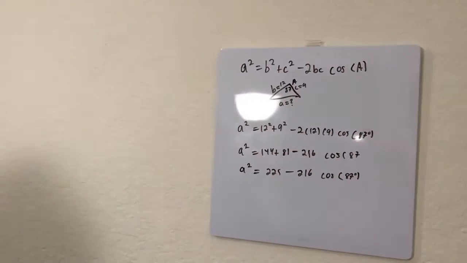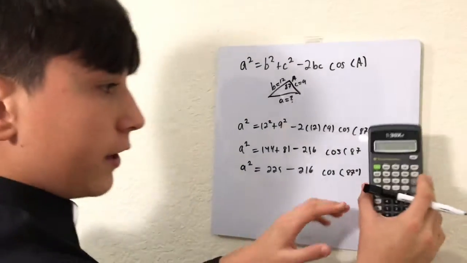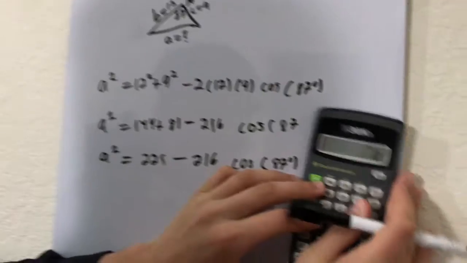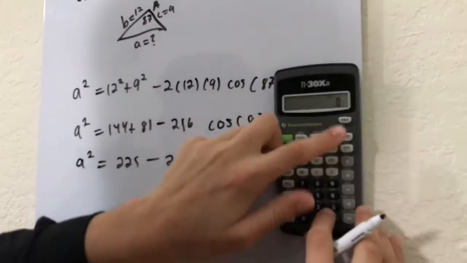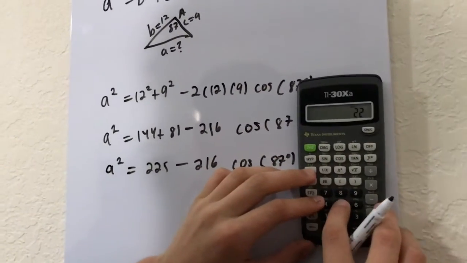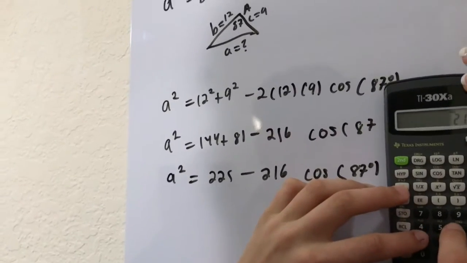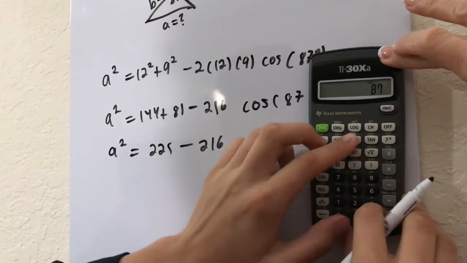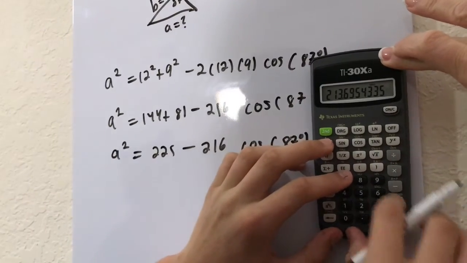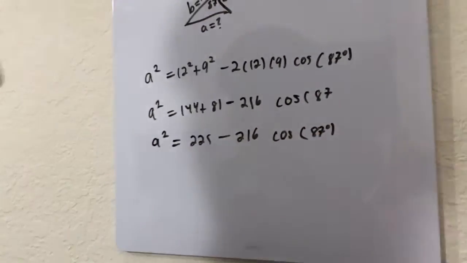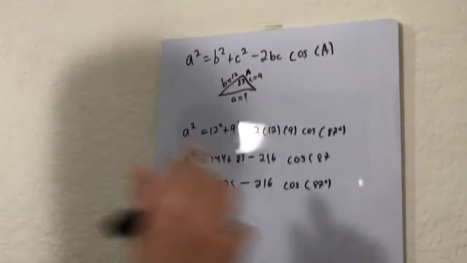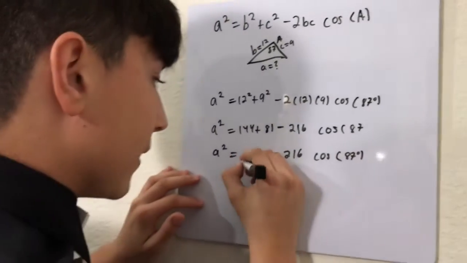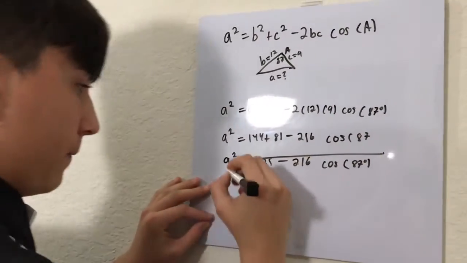Okay, now if we take my handy dandy calculator, we're going to do this equation. If we do 225 minus 216 times the cosine of 87, we'll get 213.7. But always remember, since this is a squared, we're going to have to take the square root of the whole thing.